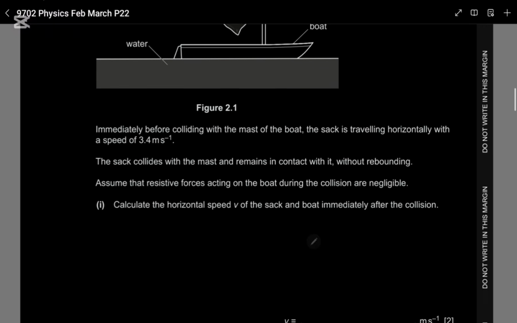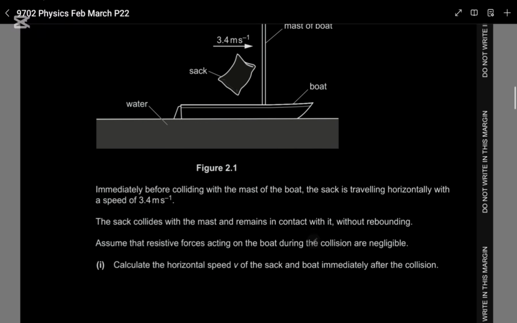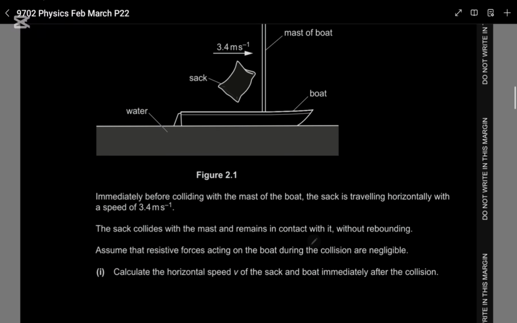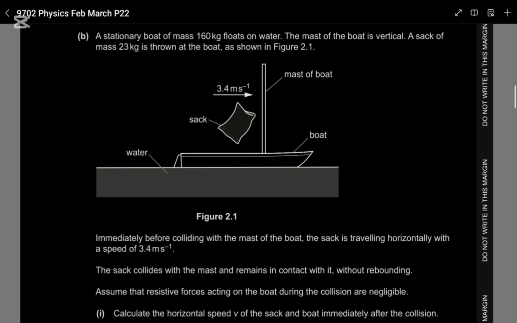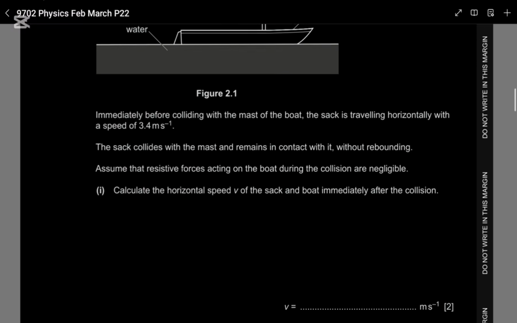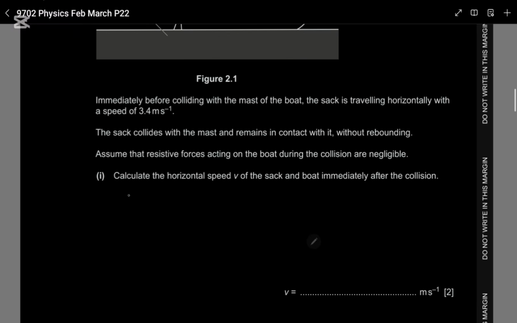So let's do that. Initially the boat was at rest, so it has zero momentum, okay. Whereas for the sack, let me write it, okay. Mass of boat, v of boat, plus mass of sack, v of sack, is equal to, they combine, okay.